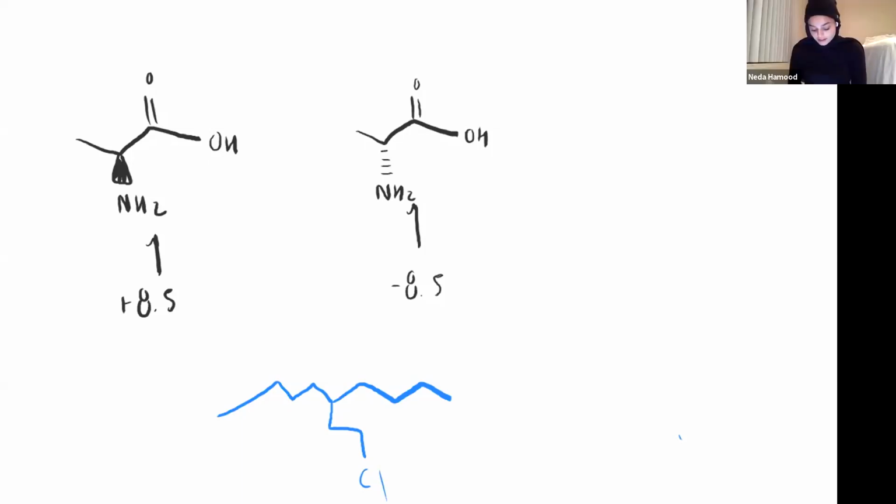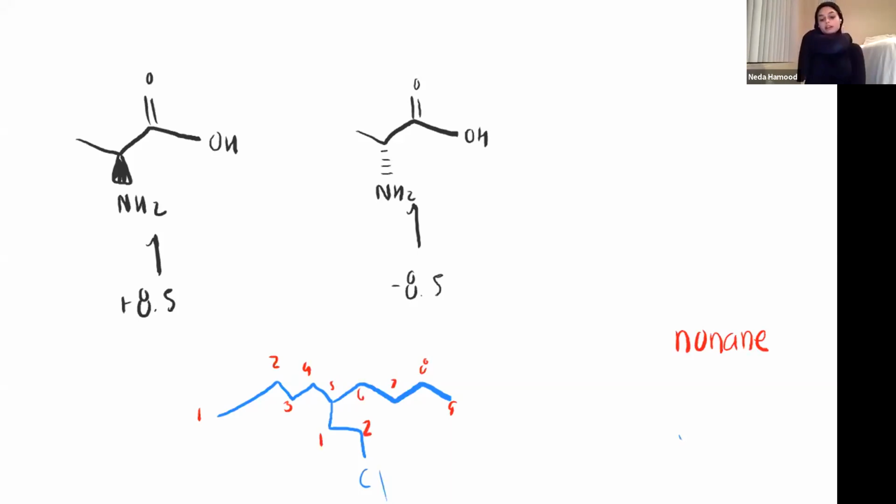Okay, so let's go ahead and figure out the answer for this one. We have 1, 2, 3, 4, 5, 6, 7, 8, 9, so we know that our parent chain is nonane. There are no other substituents besides this one here.